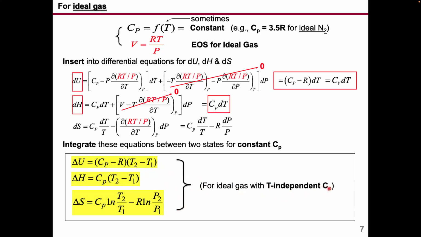So basically Cp is a constant value that doesn't depend on temperature. That's why when we take the integral here, we can treat Cp as a constant value, so you don't have to worry about T1 changing to T2, okay? All right, so these three equations, you should be able to memorize them, or at least know how to derive them, okay?